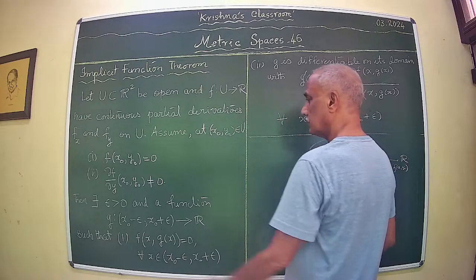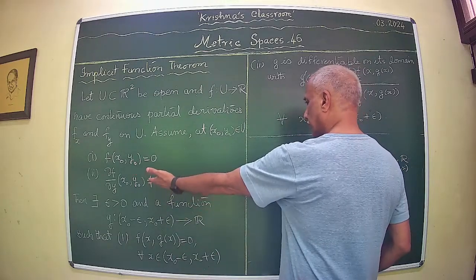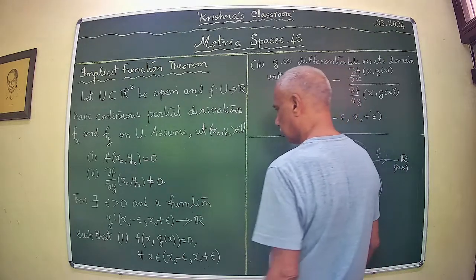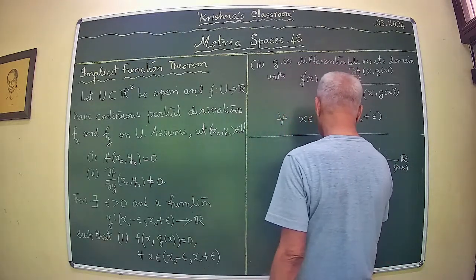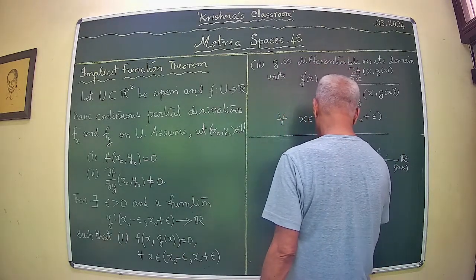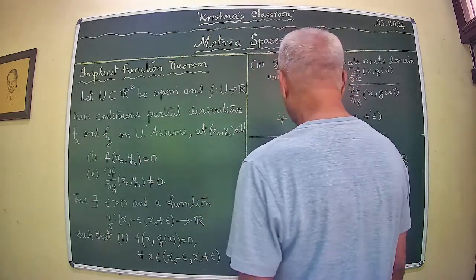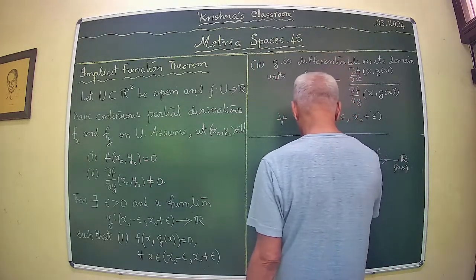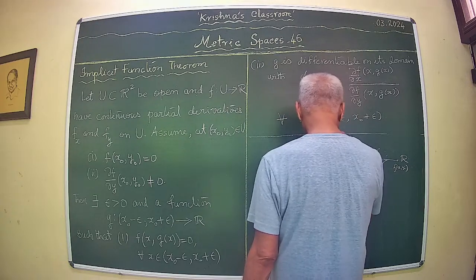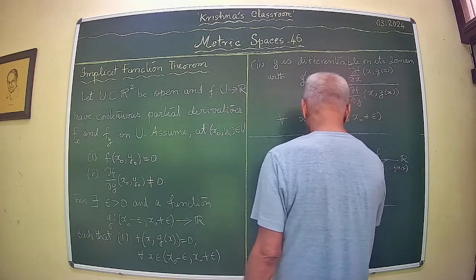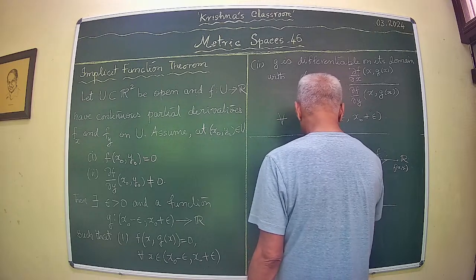And the partial derivative of f with respect to y is not equal to 0. If that is the case, then there exists... suppose this is the point x0, y0.